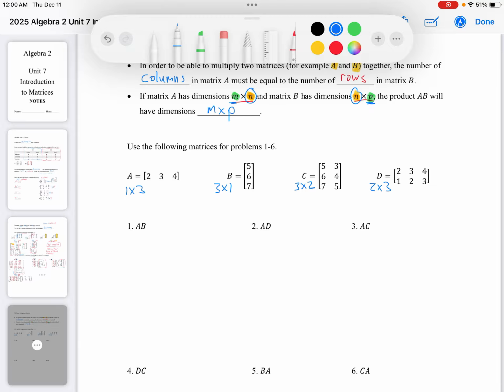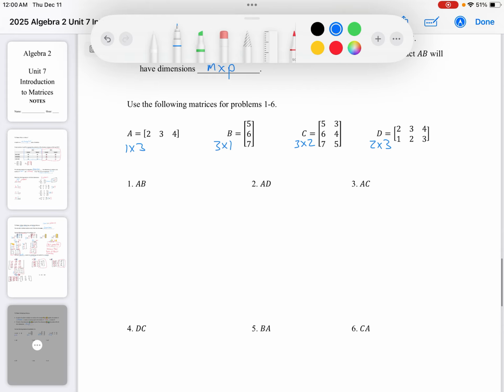This is going to be helpful for determining if we are able to multiply these matrices together. The first one we have to do is AB, matrix A times matrix B. Matrix A has dimensions of 1 by 3, and matrix B has dimensions of 3 by 1.